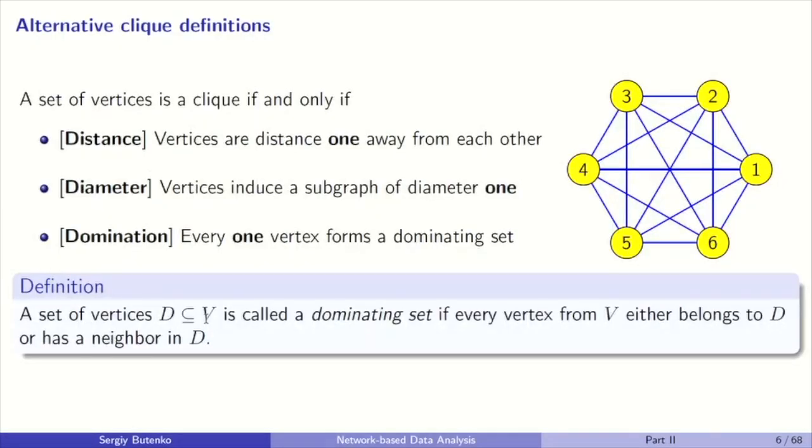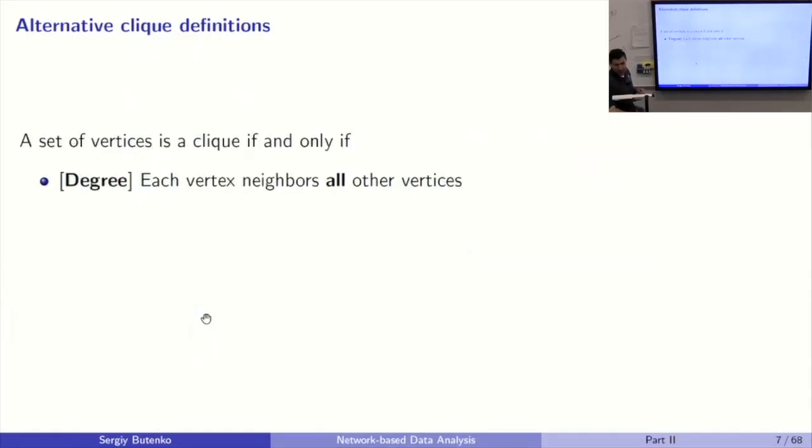One thing that I wanted to point out before we move on is that, look, I put in bold 1 in each of these definitions. So you have 1, 1, 1 here. Now, if we are looking at degree, then we can say that a subset of vertices is a clique if and only if each vertex neighbors all other vertices in the group, right? So here we have not one, but all. Kind of the opposite, right?